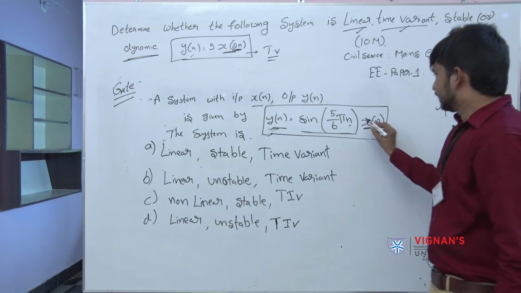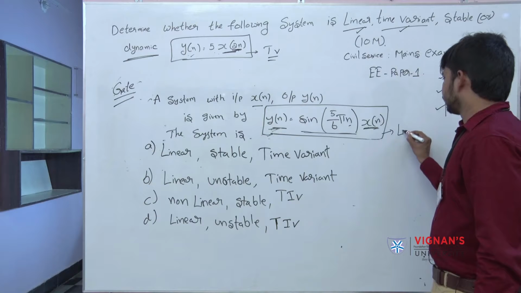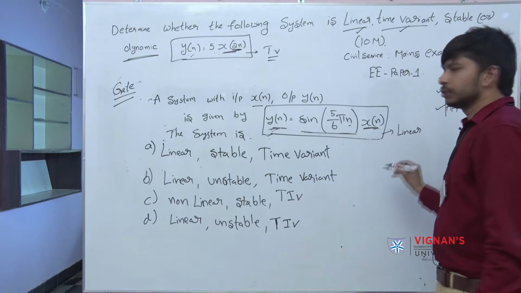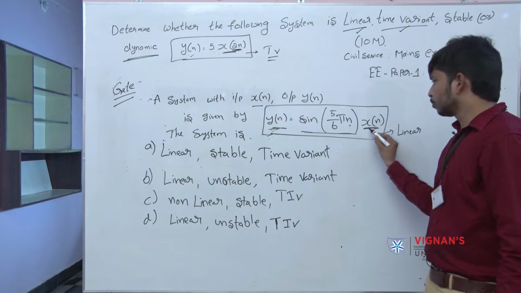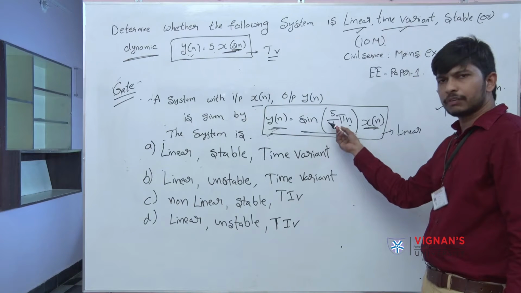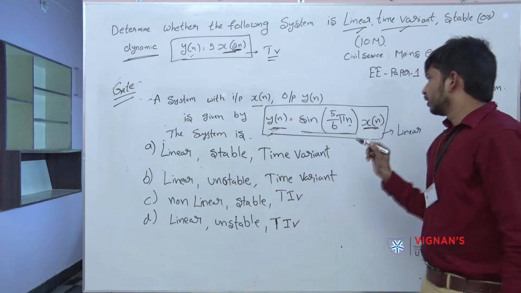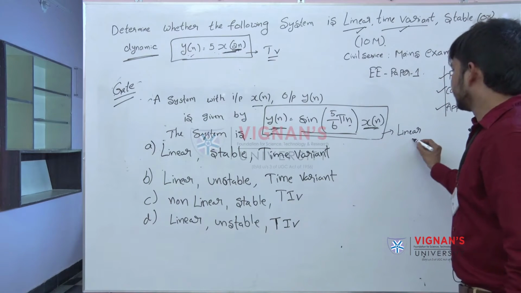So it is a linear system. Why? Because there are no initial conditions and the coefficients are in terms of time constants.